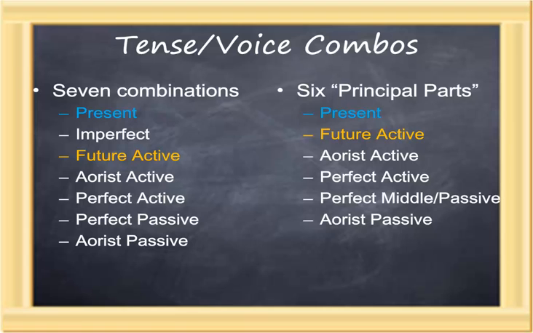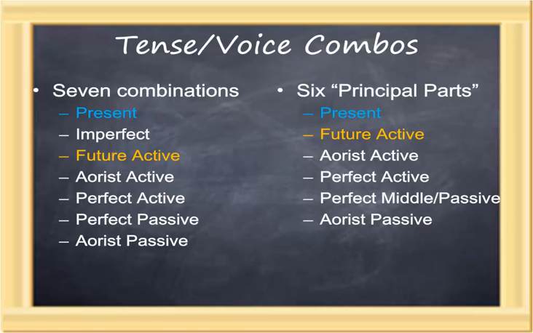There are 7 different patterns of tense and voice in combination that we will look at in this course: the present, the imperfect, the future active, the aorist active, the perfect passive, and the aorist passive.